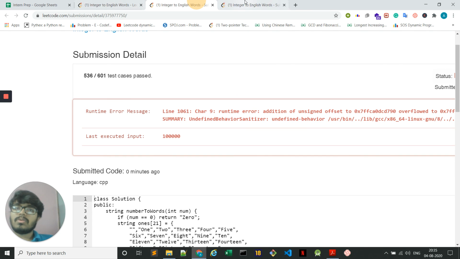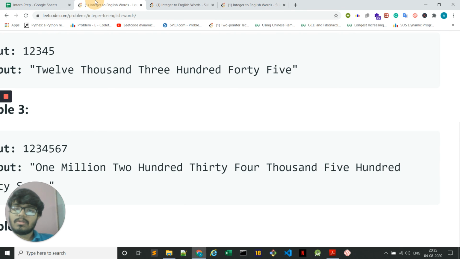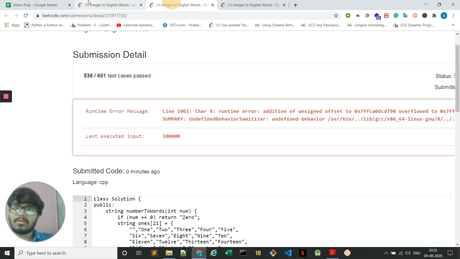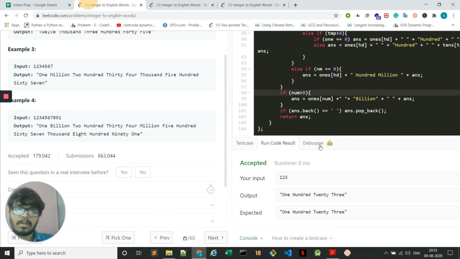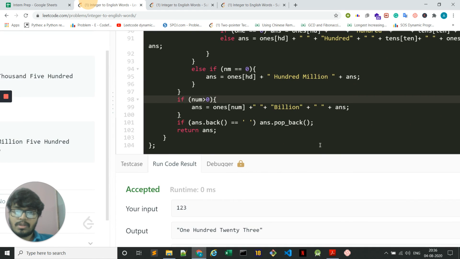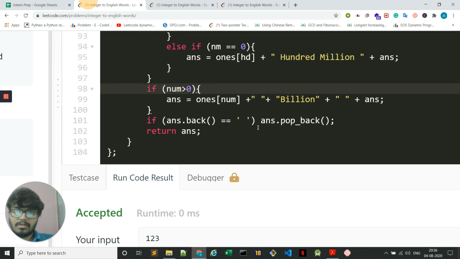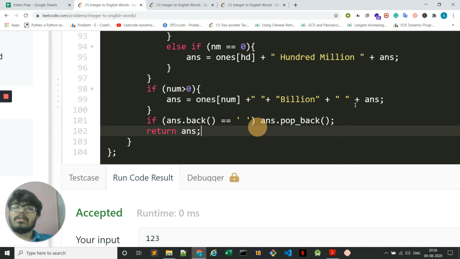Oh, oh. Just at the very last moment, what is happening? So the num is becoming, so it's 1 billion, right? But answer is empty.